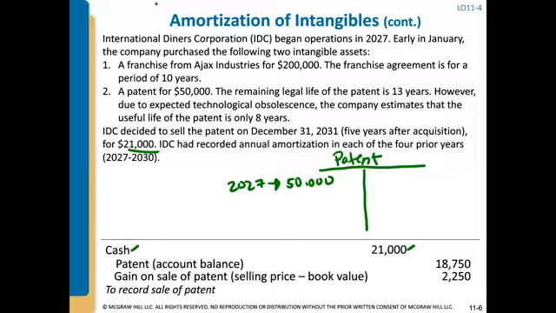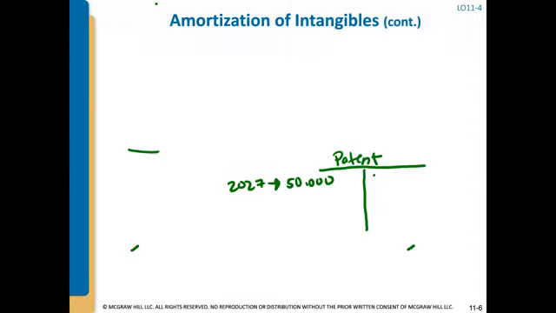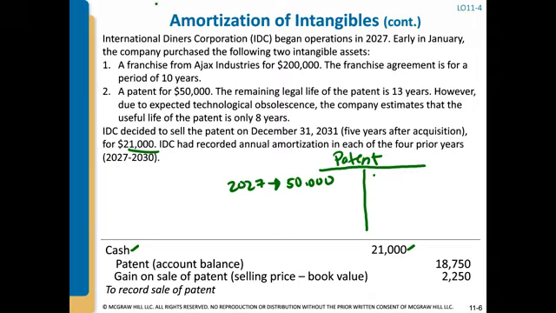And then for the next 5 years, we credited the amortization on that patent, which was $6,250 in 2027, 28, 29, 30, and 31.